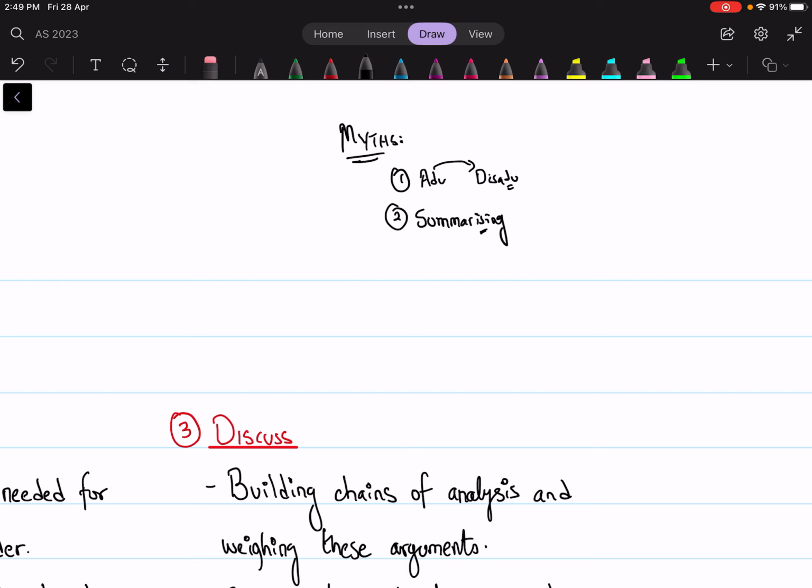Now for the drills and the exercises. The common comments that reflect evaluation. If you have seen my video on analysis, and if you haven't, please do check it out, you would have seen that I mentioned some of the conjunction words, some of the connecting words that can reflect analysis in your answers, right?